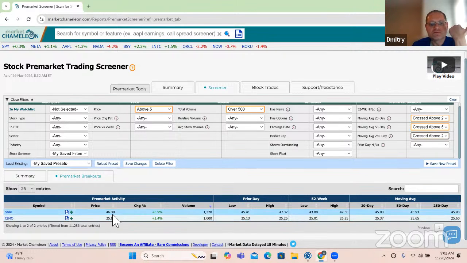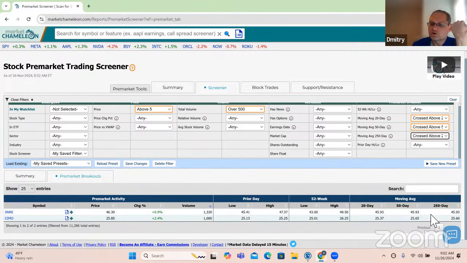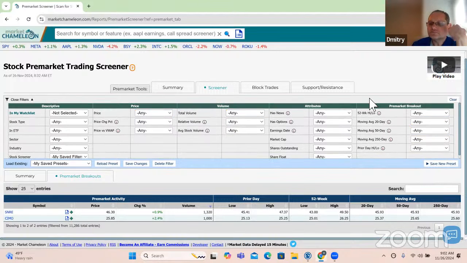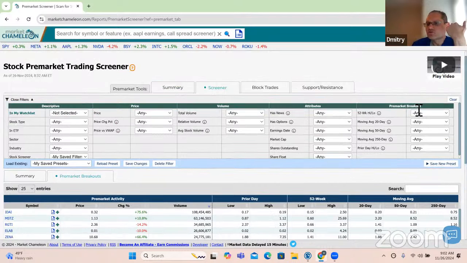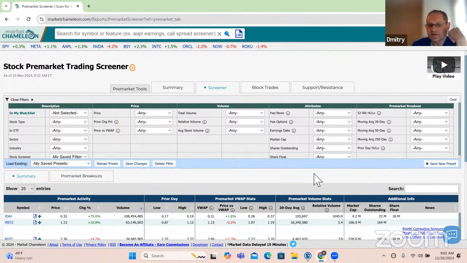So two of them were crossing from below to above on each one of these. Okay. Let's clear that out. So that would be one way to use these filters to narrow down the pre-market trading activity based on these breakouts.